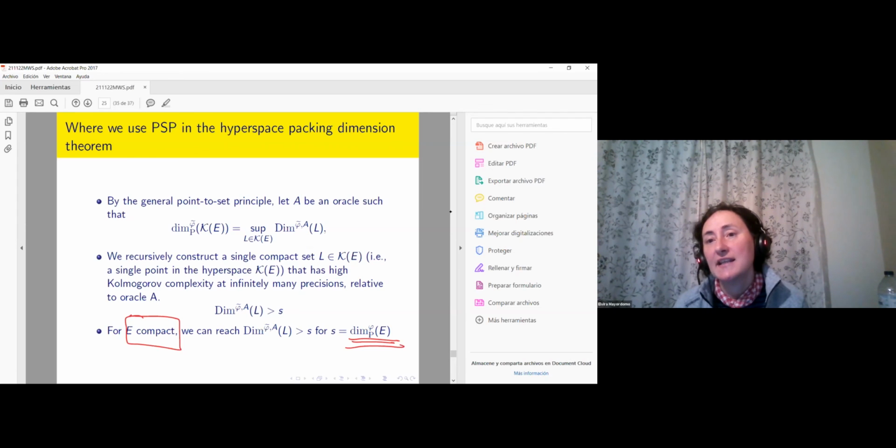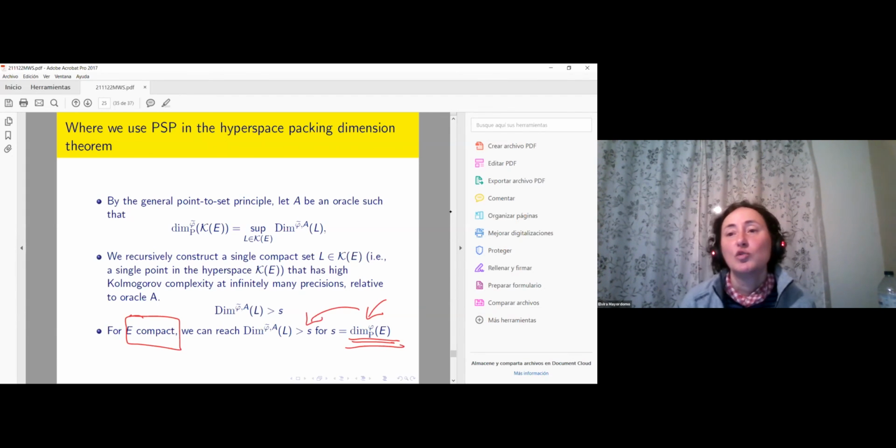So you kind of see, since E is compact, you can very clearly cover E with very regular covers that allow you to use this box cover size to reach this high cover size for the hyperspace, okay, for the point in the hyperspace.